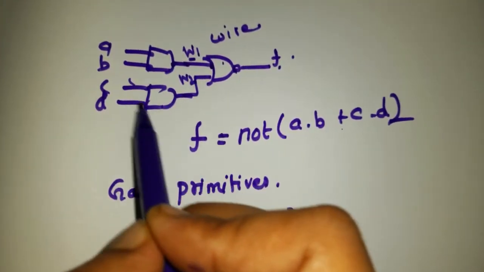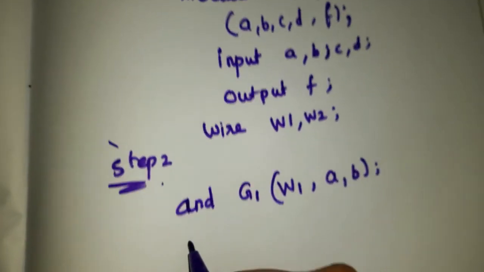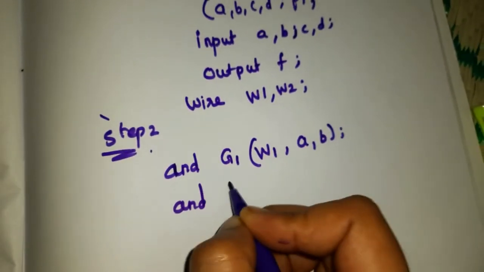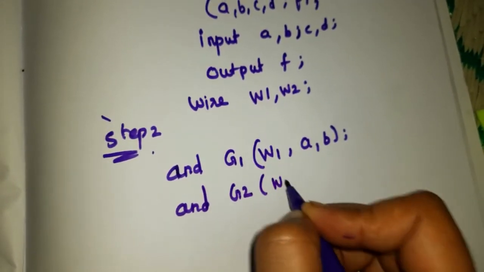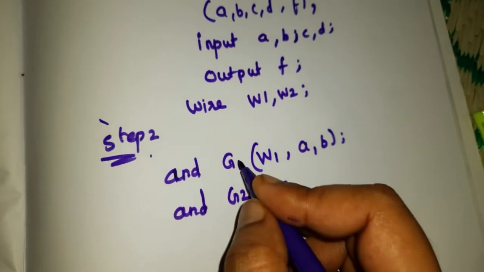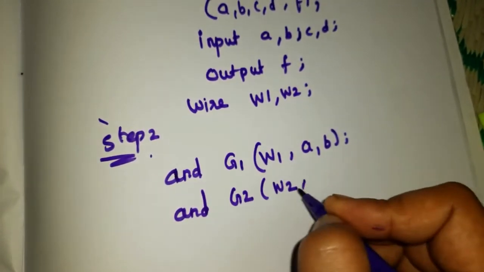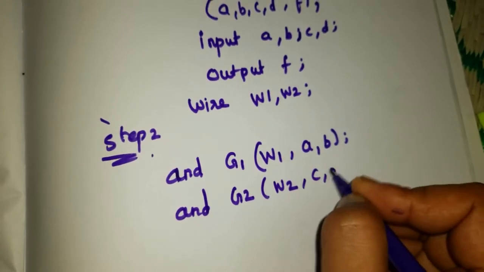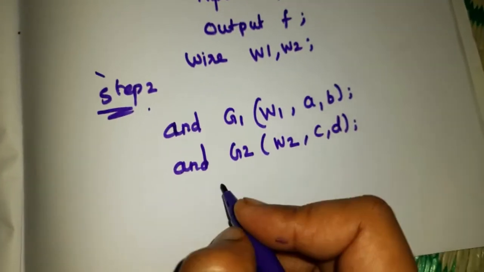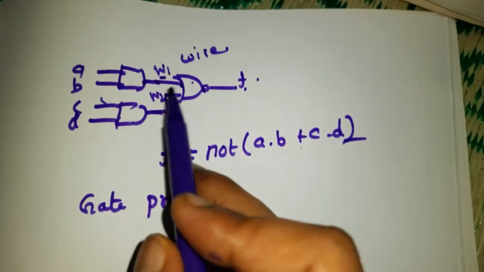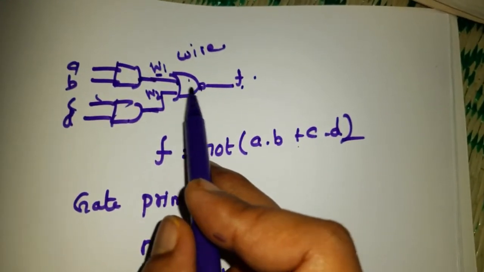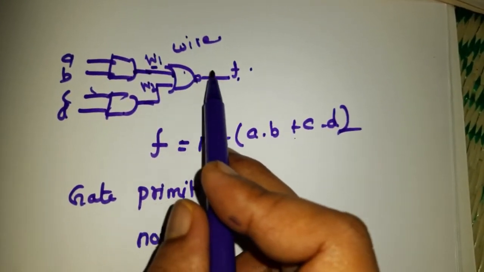Next I describe the second gate. Similarly this is an AND gate: AND G2 W2, and the name is optional, you can give any value. The output is W2 and the inputs are C and D. Next, this is directly given to a NOR gate, otherwise you can write it in two steps, that is OR gate and NOT gate.